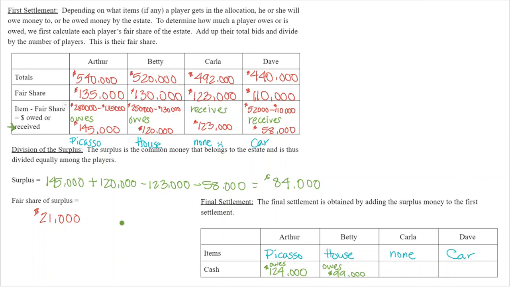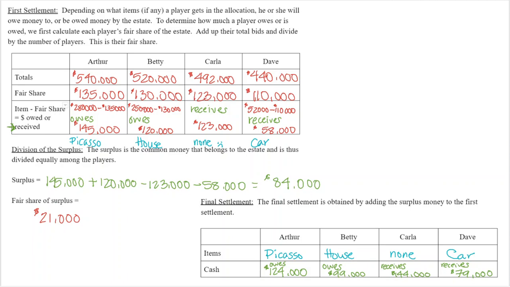She gets another $21,000 from the surplus, so she receives $144,000 in cash. And Dave originally was supposed to get $58,000. He gets an additional $21,000, so he is going to get a total of $79,000 in addition to the car.